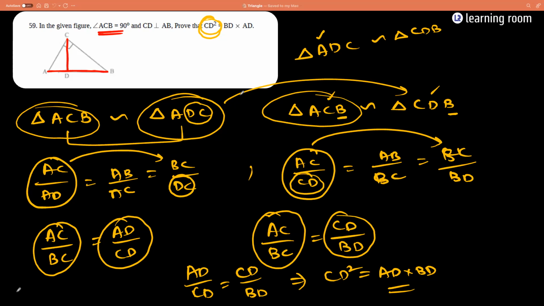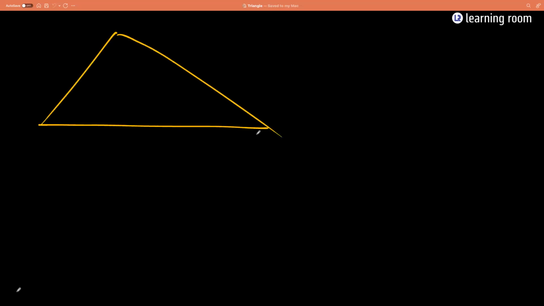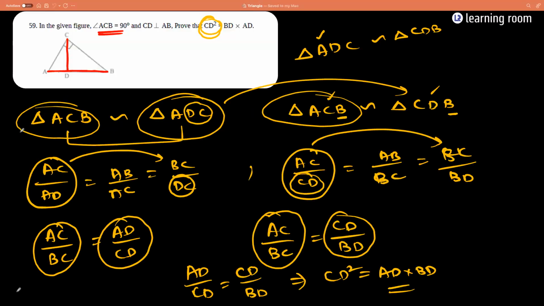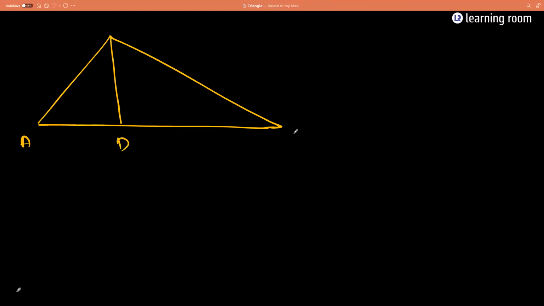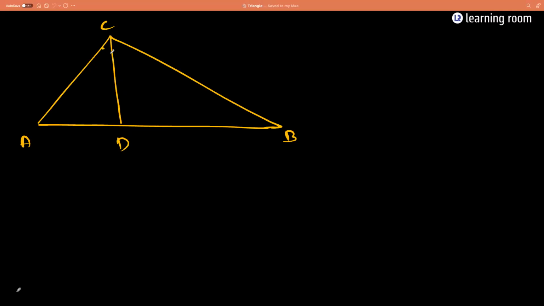Okay, that is one thing. See, I'll tell you another way, but don't use it. Use it only for MCQs if you want to get the answer fast. See, the same question is asked in MCQ. This is A, D, B. This is C. So this is 90 degrees.